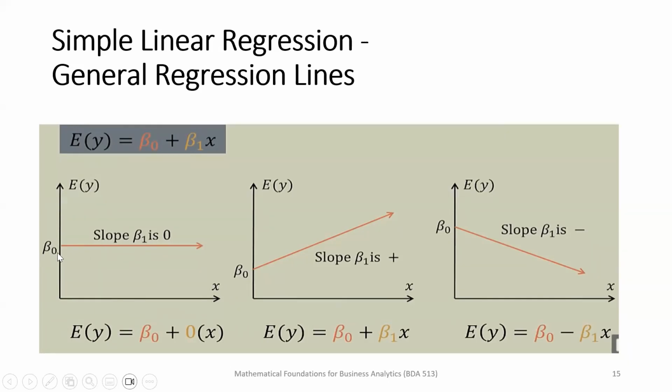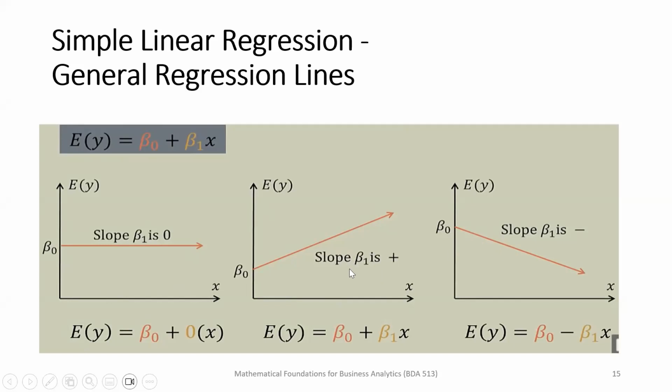Now in the second plot, it begins to rise. This is the slope B1, but you can see that B1 starts from the base of B0, so it adds to what you have in B0. It can slope upwards or downwards. When your slope is positive, it slopes upwards, and when your slope is negative, it slopes downwards.